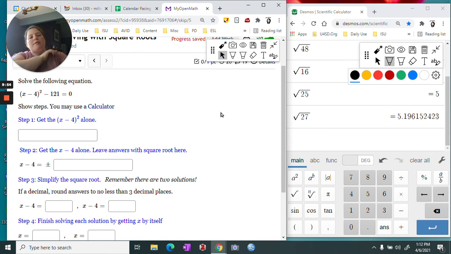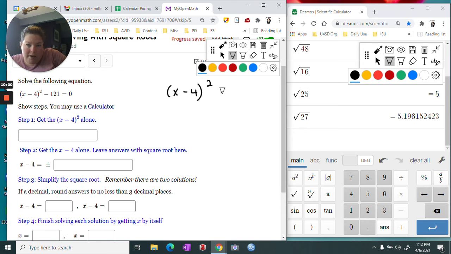We have the quantity x minus 4, squared, minus 121 equals 0. So our first step is we're going to get the quantity x minus 4 squared by itself by moving the negative 121. So we're going to add that to both sides.